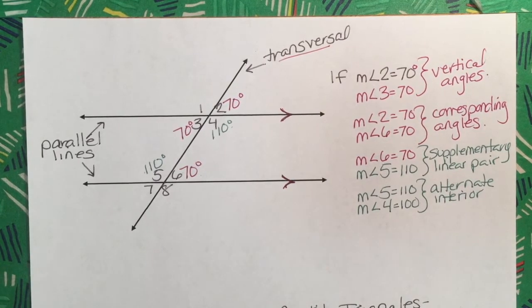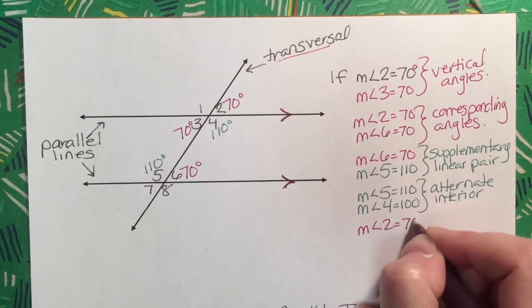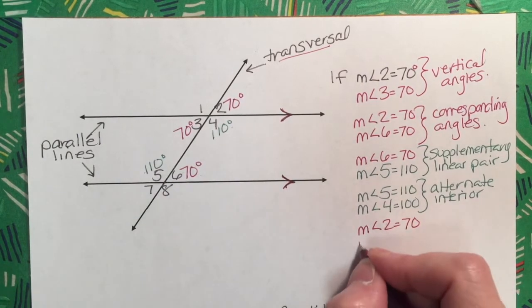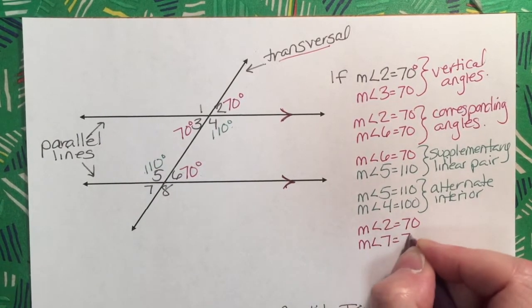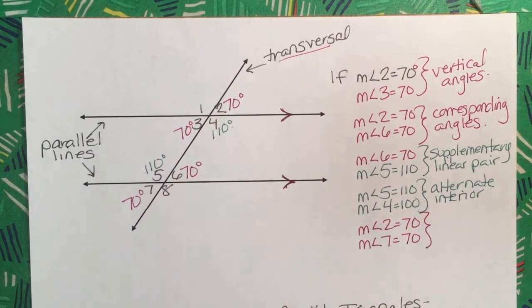And the last one we're going to do is if angle 2 is 70 degrees, angle 7 all the way down here is also 70 degrees because those are called, can you guess?